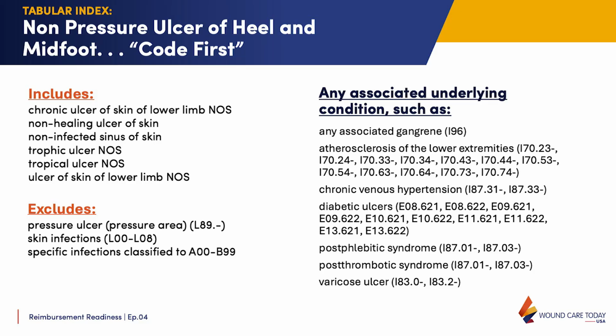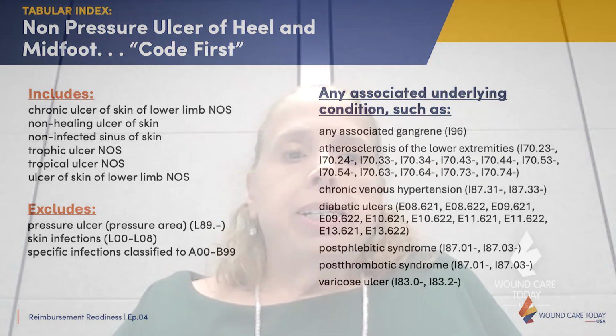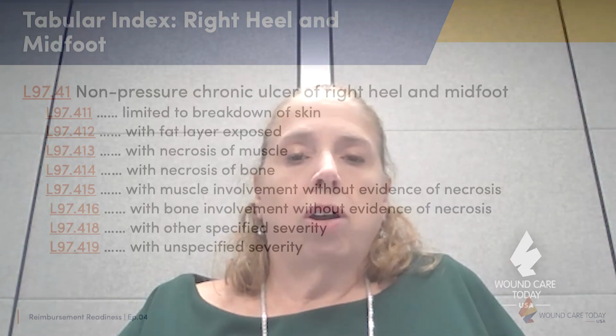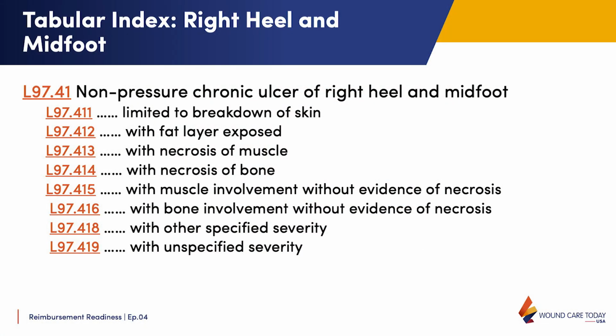And it also excludes specific infections that are classified to the infectious disease chapter A00 to B99. So then under the tabular, if you go to non-pressure chronic ulcer of the right heel and midfoot, you will see that there are plenty of subcategories, and you see the second set of 3 characters tells you about the severity of that ulcer.